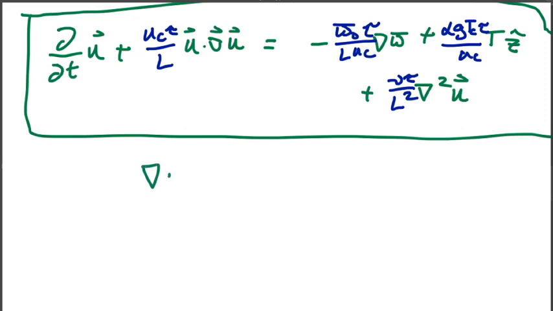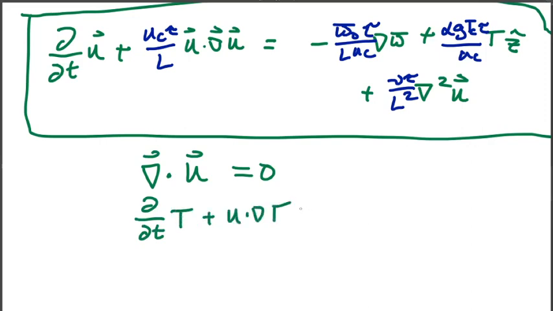So we know that the divergence of u, that equation was already non-dimensional, or dimensionalizes in a trivial fashion. We then have that d by dt of T plus u dot grad T non-dimensional is equal to del squared T. There's our non-dimensional temperature equation, and now we need to apply the same logic to our momentum equation.